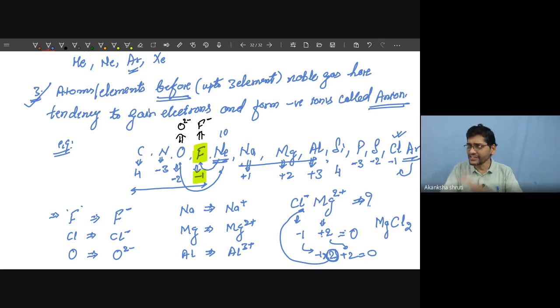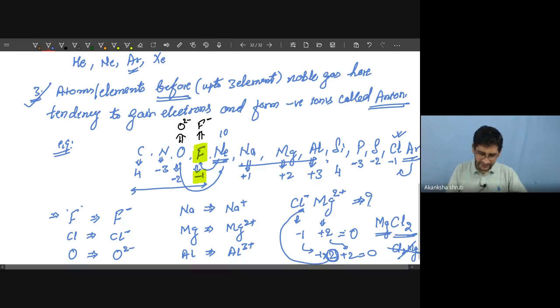Student, there is a convention that the positive ion should be written first, followed by the negative. So MgCl2 is written, not Cl2Mg. It becomes wrong because in chemistry it is accepted that first the positive ion, called cation, should be written, then the negative ion, means the number of negative ions required to make it neutral, then the anion should be written. Okay, it was this one.